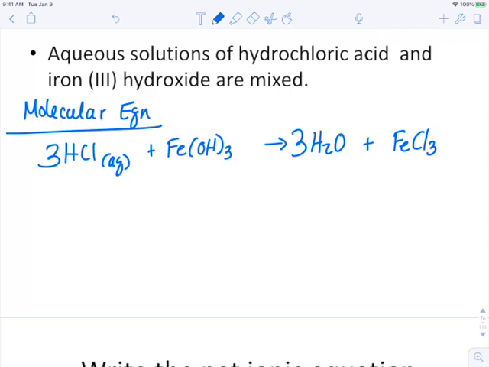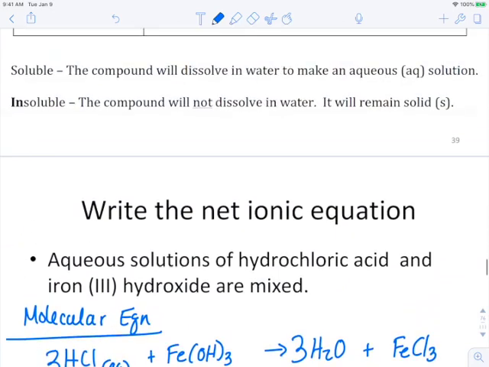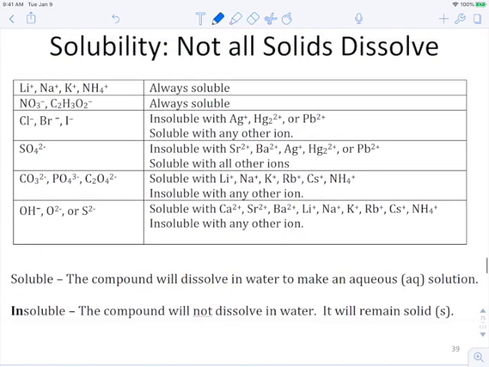Now let's take a look at our iron hydroxide. So what we're told about our hydroxide right over here is that it is soluble with these right here, but it would be insoluble with any other ion.